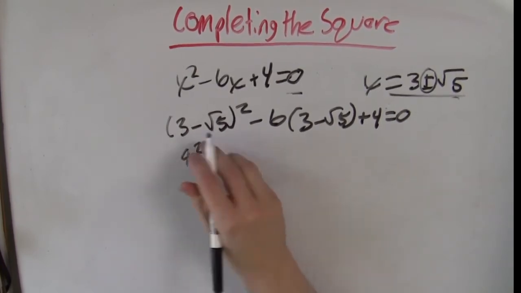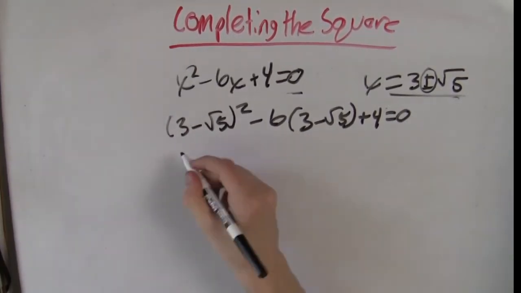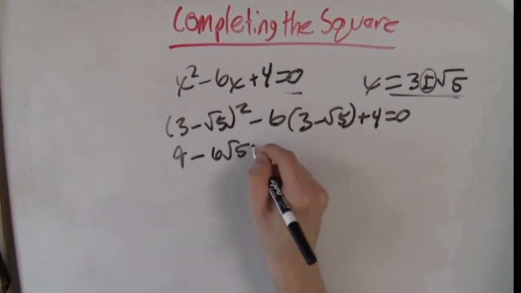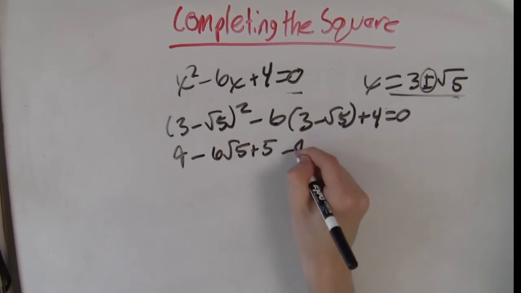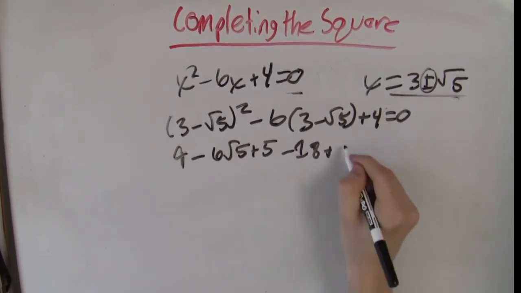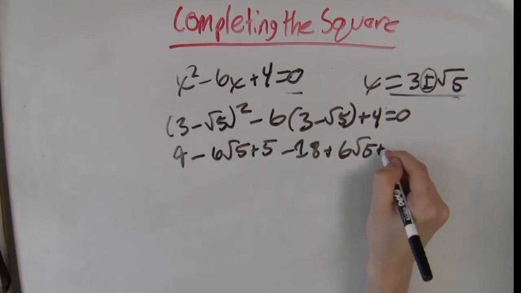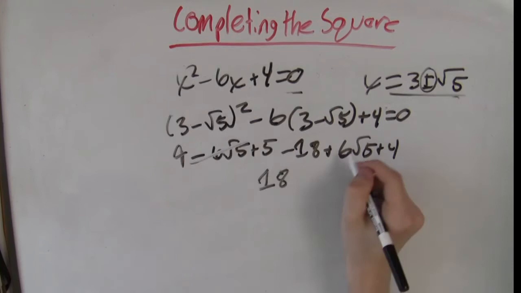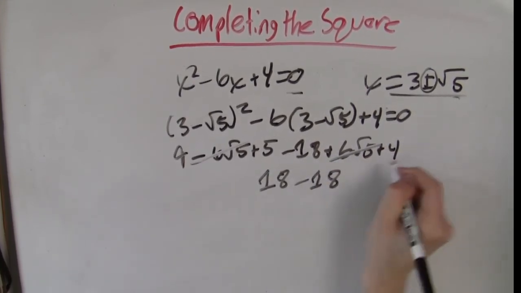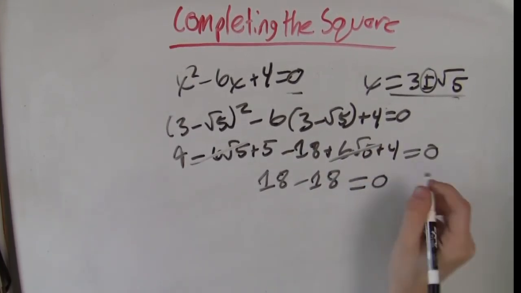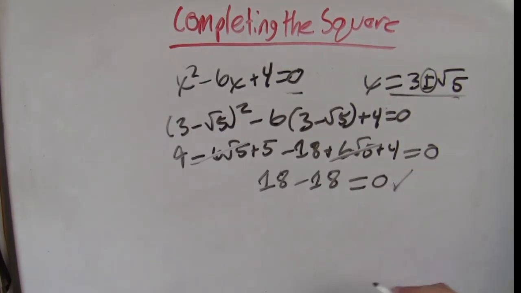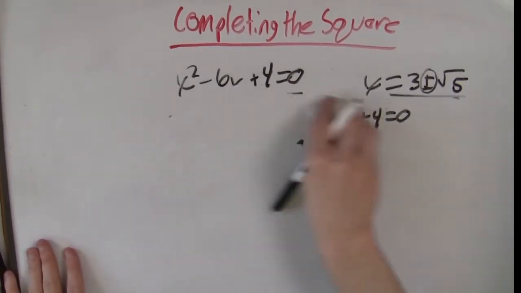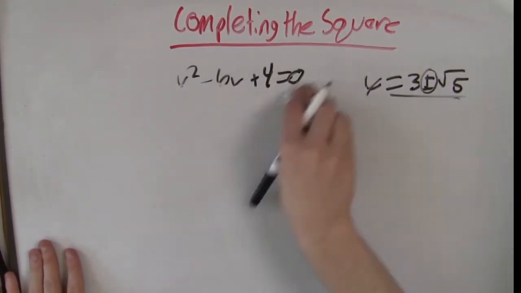That's 9, not 9 squared, just 9. 9 - 6√5 + 5 - 18 + 6√5 + 4. That's 18, because these two cancel out, minus 18, which does indeed equal 0. So again, I know it works. So both these solutions work for the original equation, so they are our final answers.